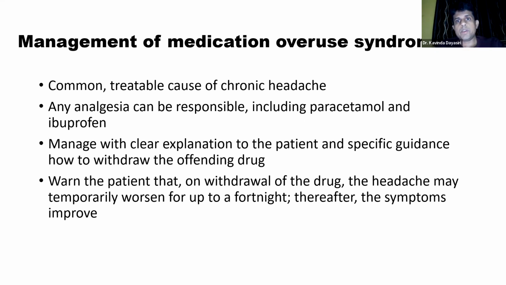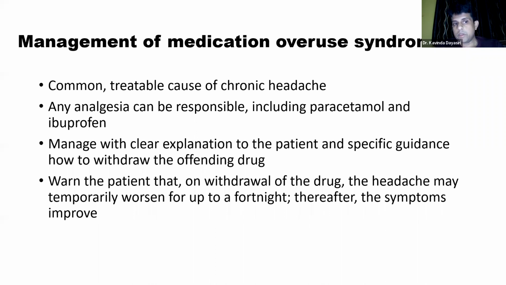Children can develop medication overuse syndrome if they use too much pain relief over many months. So it's again a common treatable cause of chronic headache. That can maintain the headache, and it can be the reason for the headache in a child with chronic headache. Any agent, including paracetamol or ibuprofen, which are used as analgesics, can be responsible for this type of medication overuse syndrome and headache.